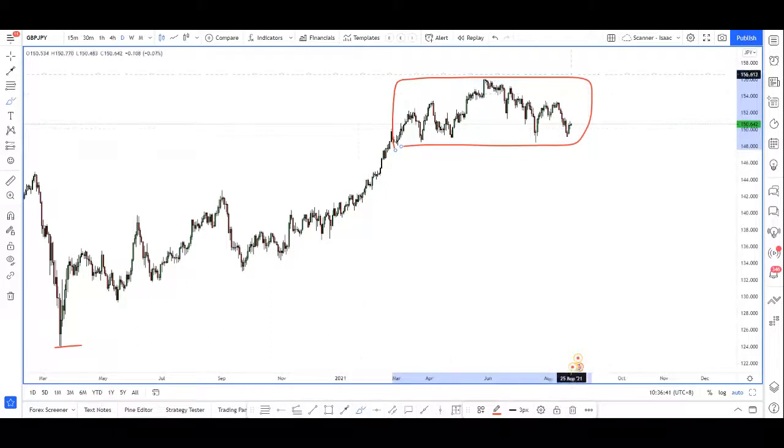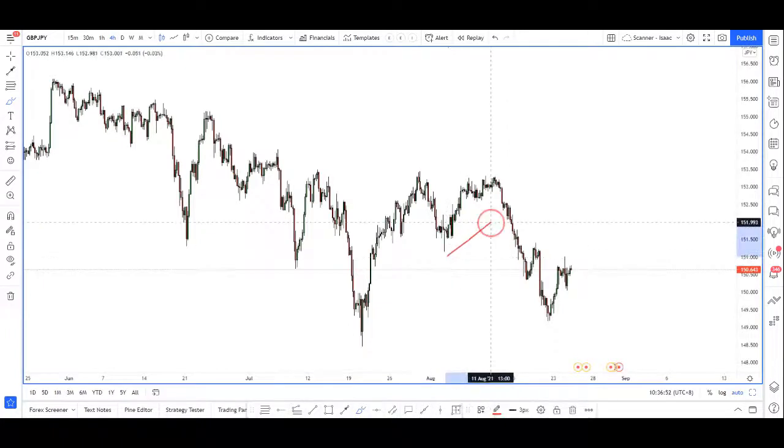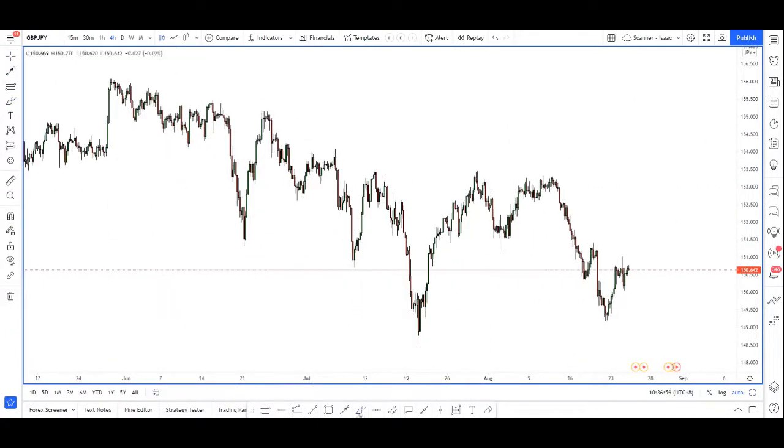All right, so this range is what we are interested in, and this is where we're going to be focusing on. So let's quickly go down to the 4 hours. On the 4 hours, looking at the market structure over here, remember that we are within a bigger range on the daily.